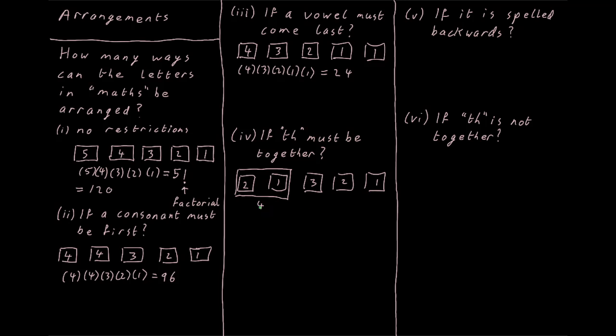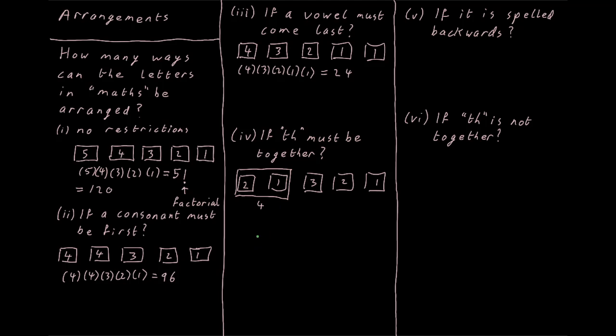So I have 4 options for where TH can sit in my group, and then I have the cards that are just left over. And inside my group TH, I have 2 options for where the first card comes down and 1 option for where the second card comes down.